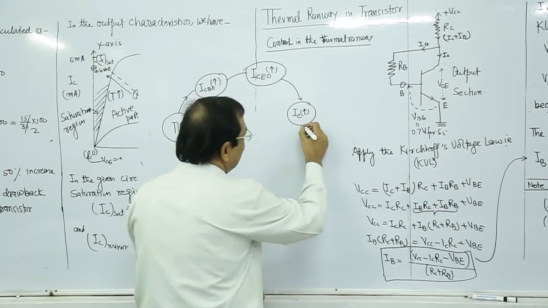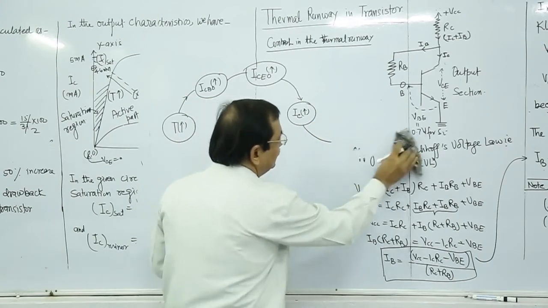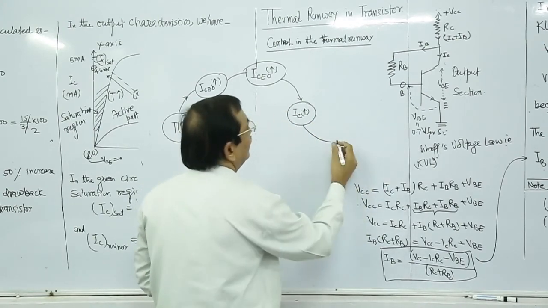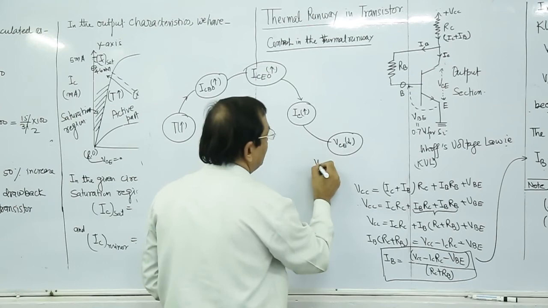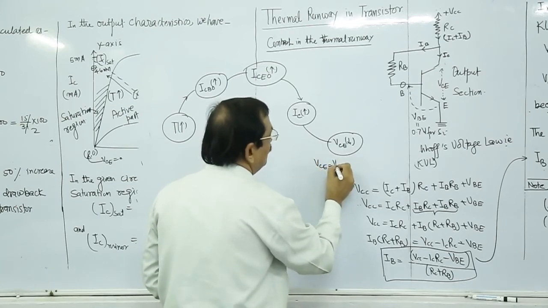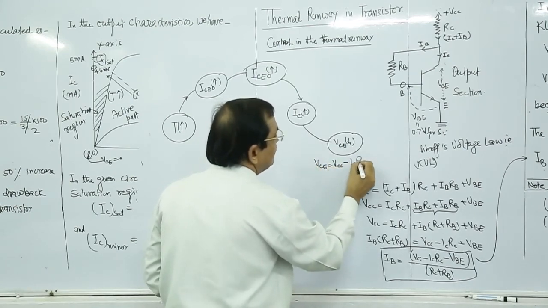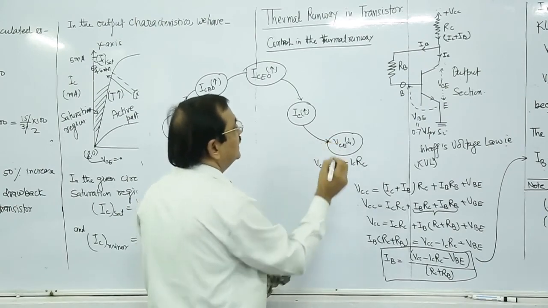So what can we see? Now the term is shifting. VCE will decrease, that is, VCE is equal to VCC minus ICRC, this will decrease.